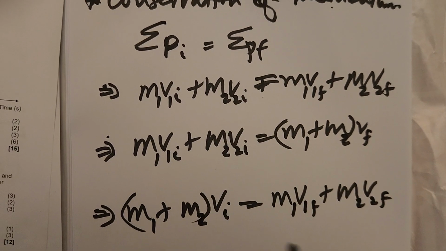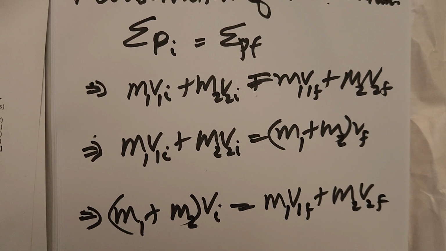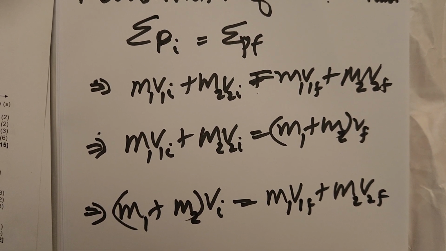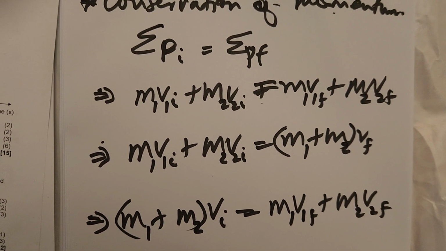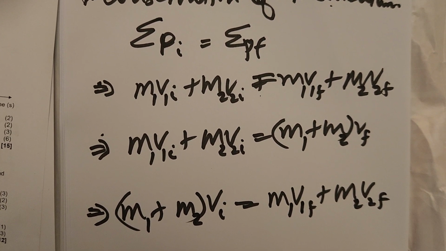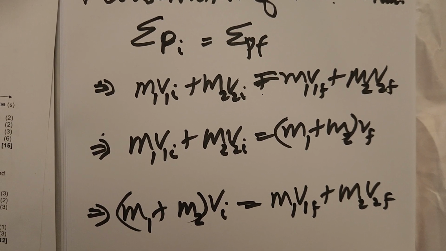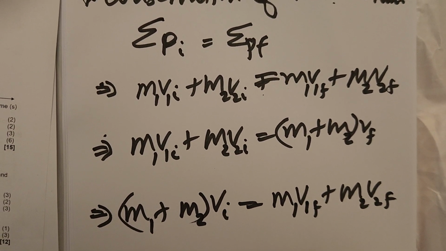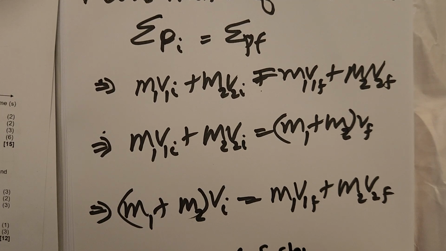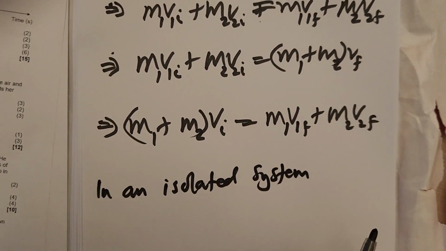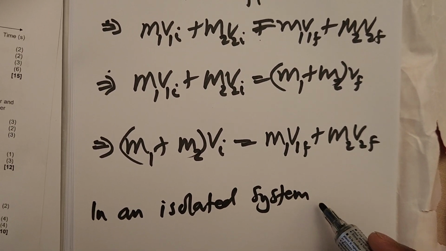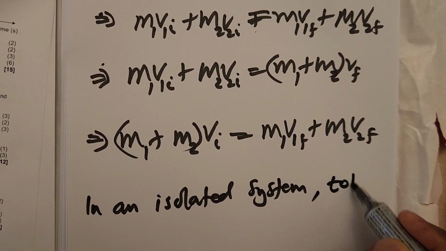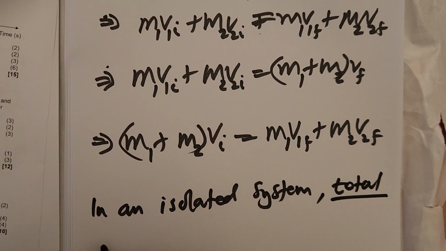Remember, they can ask you to define it. Very important will be the keywords in this definition, where you say in an isolated system. The isolated system should be there, whether it comes at the start of the definition or at the end, no problem. In an isolated system, the word total should be there.